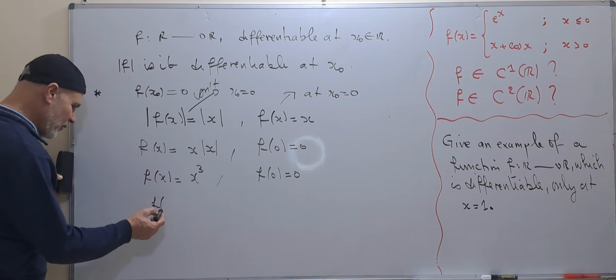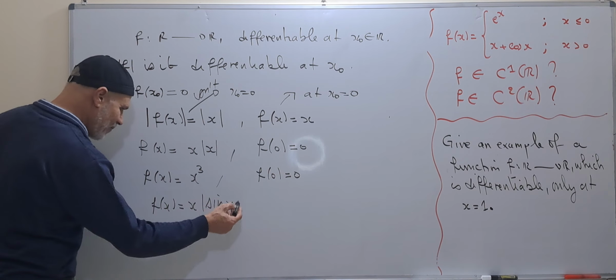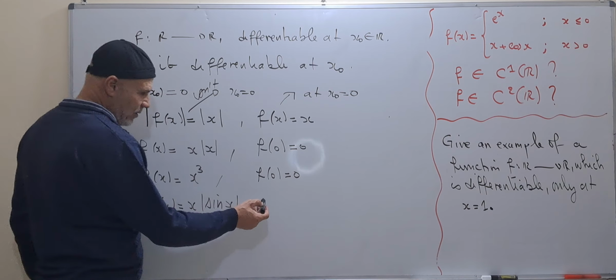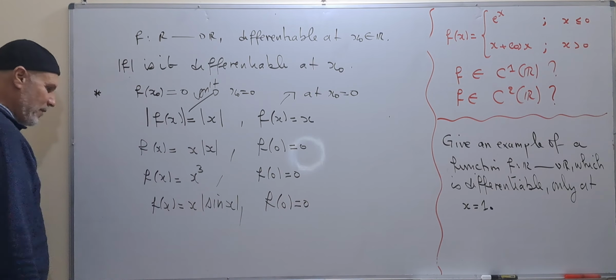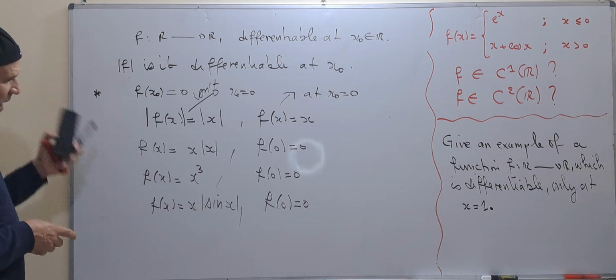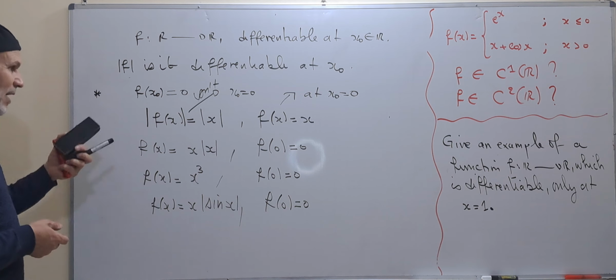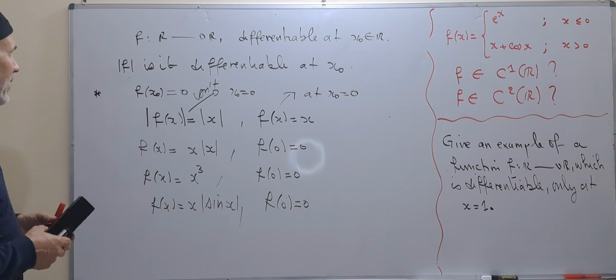If we take f of x equal to x times the absolute value of sine x, this function verifies f of 0 equal to 0, and this function is differentiable at x equal to 0. And we can provide more examples like this.